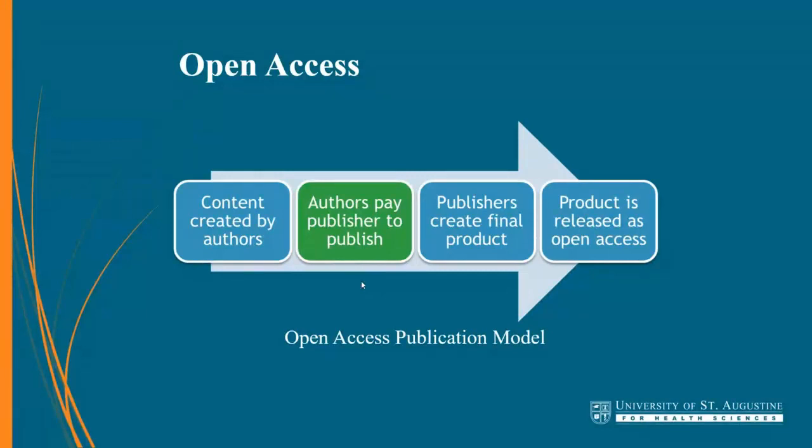The balance of that is that because that's released freely as open access at the point of consumption, the author's benefit to that is there's no paywall at that point. So the author, the researcher, is literally creating the widest audience that they can because there is no pay barrier for people that want to access that.